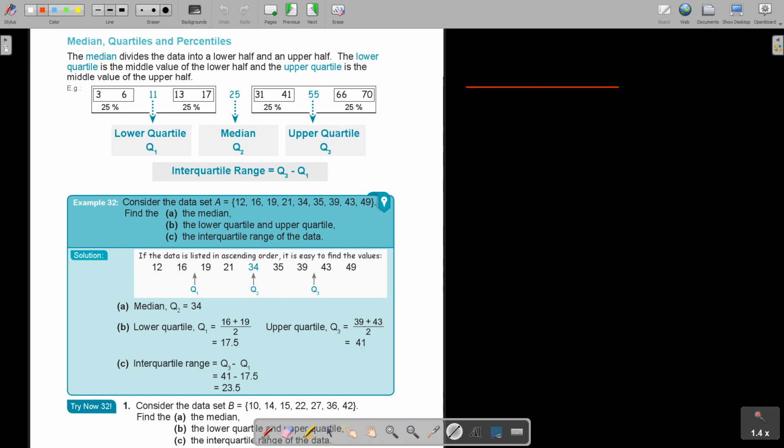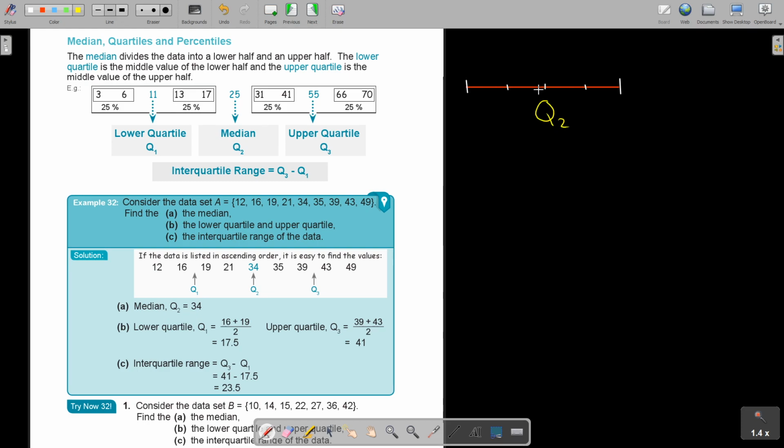If you have a line and you are dividing that line into quarters, I will first find the middle, and then the middle and the middle. It's just an estimate. Now that middle will be my median. That will be quartile 2.